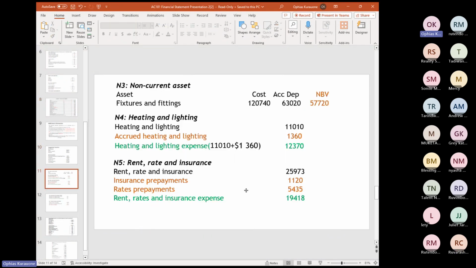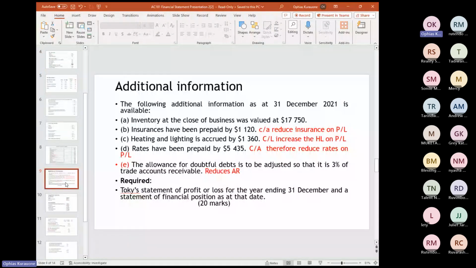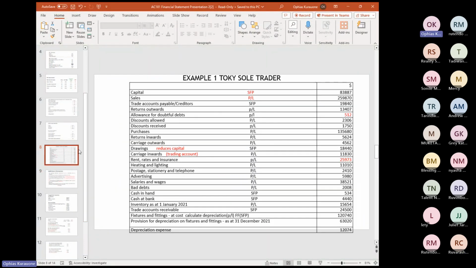But here we are saying, if you got the additional information here, it is saying the allowance is 3% of the trade account receivable. So we say 3% of the accounts receivable, here that is accounts receivable, for trade receivables.